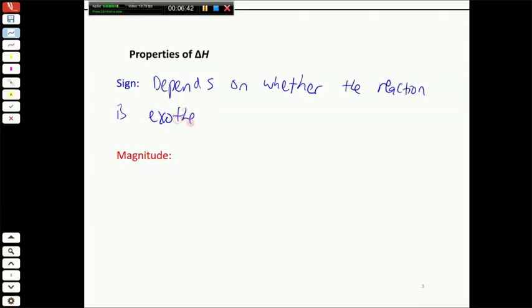Exothermic reactions have negative delta H's, endothermic reactions have positive delta H's, and both are certainly possible. So that's the sign of delta H.